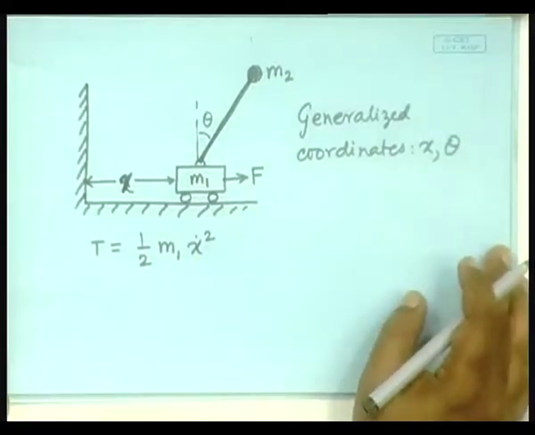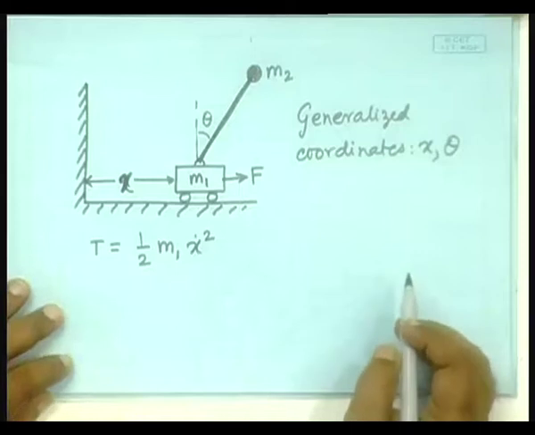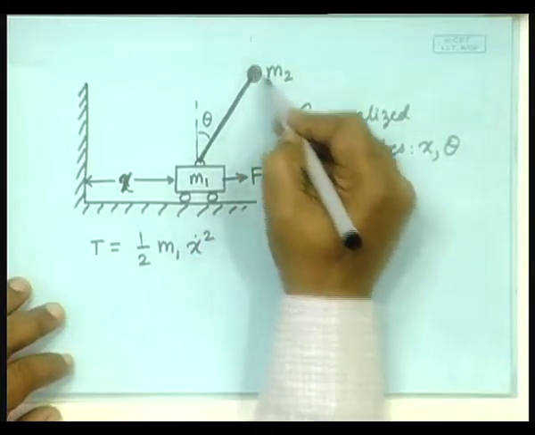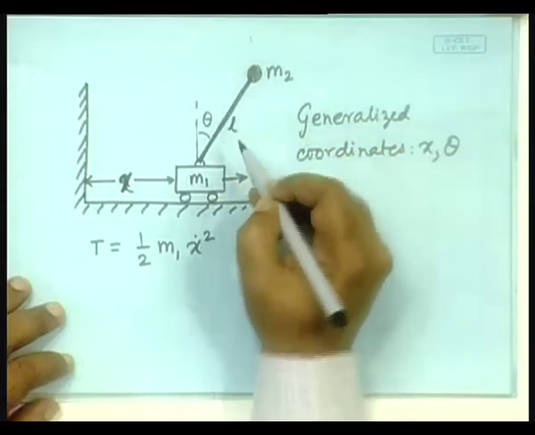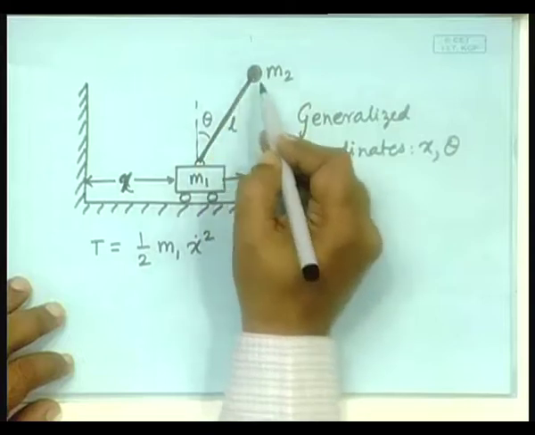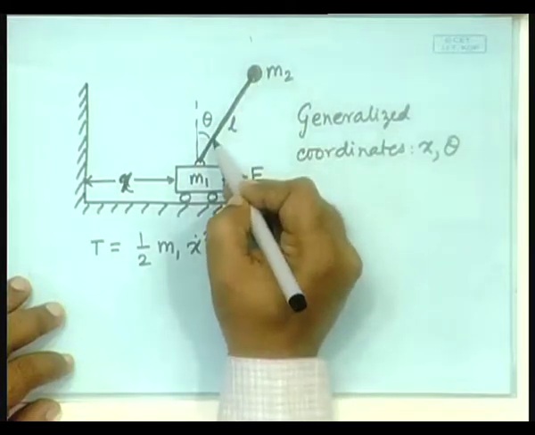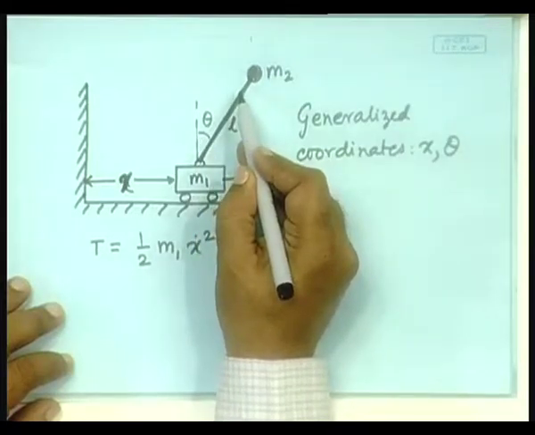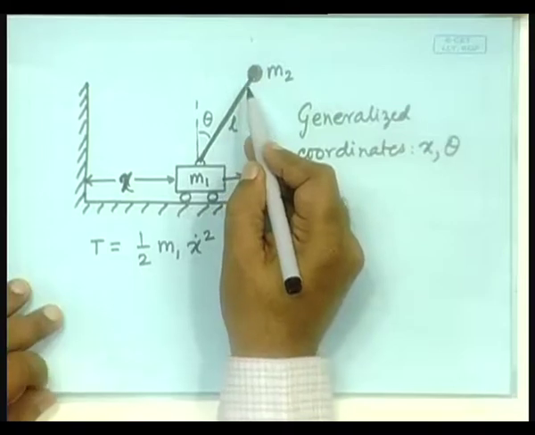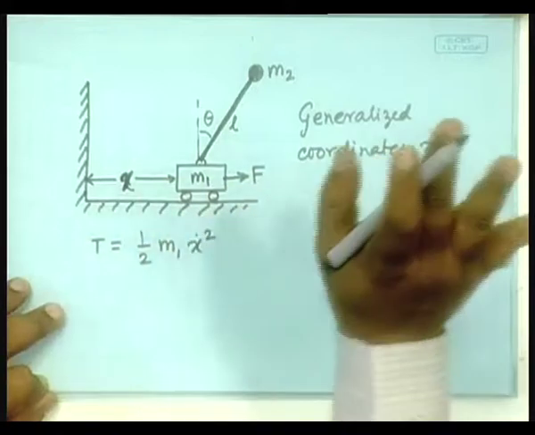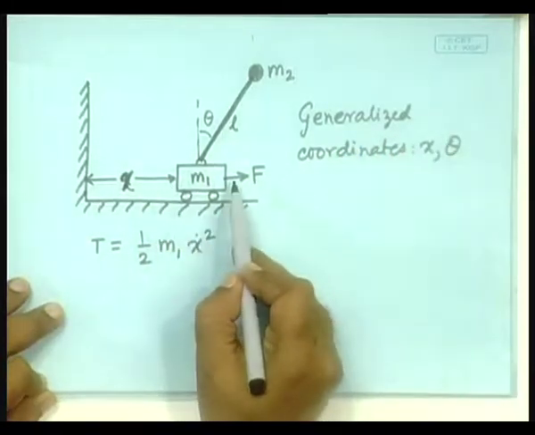So, the horizontal component is the horizontal component of this motion. If this is L, then L theta dot is the circumferential motion. L theta dot cos theta would be the horizontal component, and L theta dot sin theta would be the vertical component. The vertical component is unaffected by this motion.